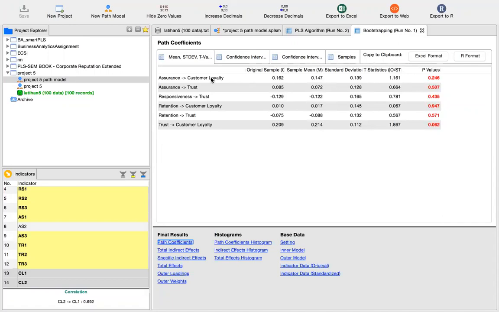So we only focus on the data that are linked to customer loyalty, which are trust, retention, and assurance. But because all the data are in red color, none of these has an effect on customer loyalty.